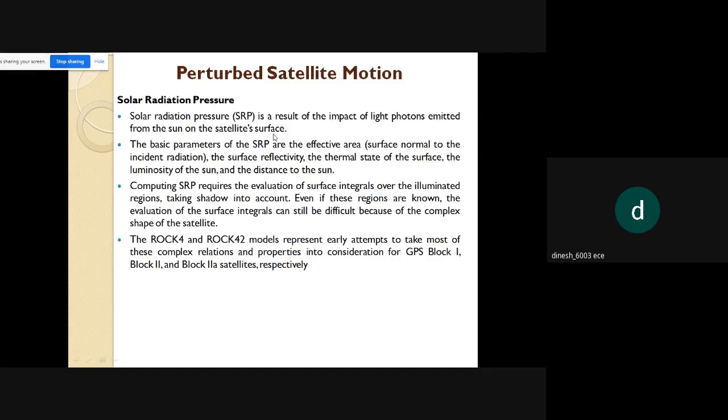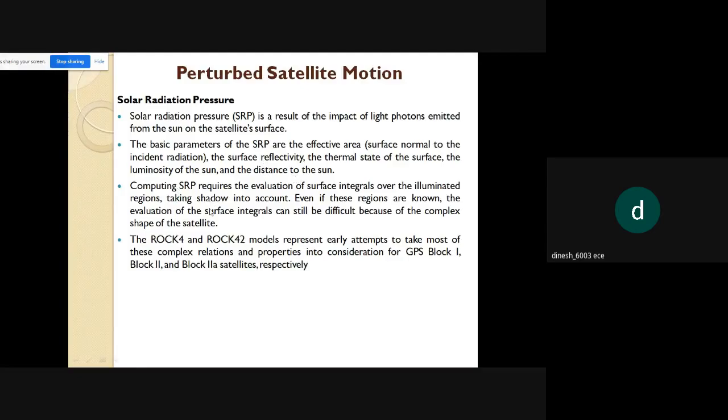So the solar radiation pressure is obtained by the impact of light photons emitted from the sun on the satellite surface, where the basic parameters lie on the effective area, which is the surface normal to incident radiation, the surface reflectivity, the thermal state of the surface, luminance of the sun, and the distance of the satellite from the sun.